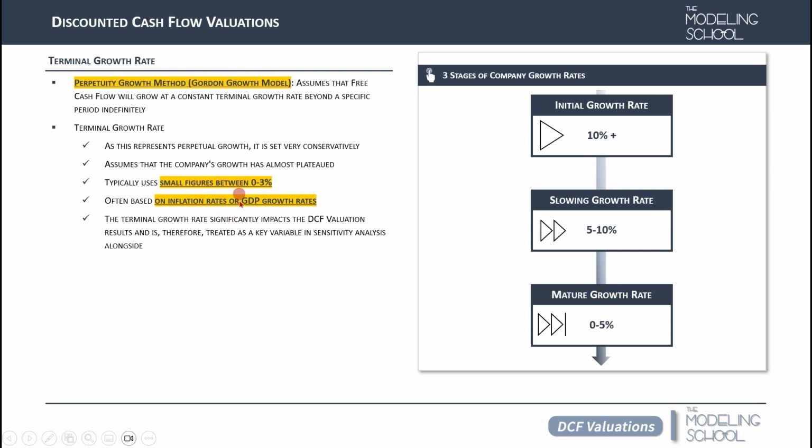So it's a conservative approach, thus appropriate when making assumptions for something like this. But anyway, let's just remember that these numbers usually fall between 0 to 3%. I usually recommend that you use a number lower than 2%, just in case you receive any significant challenges.